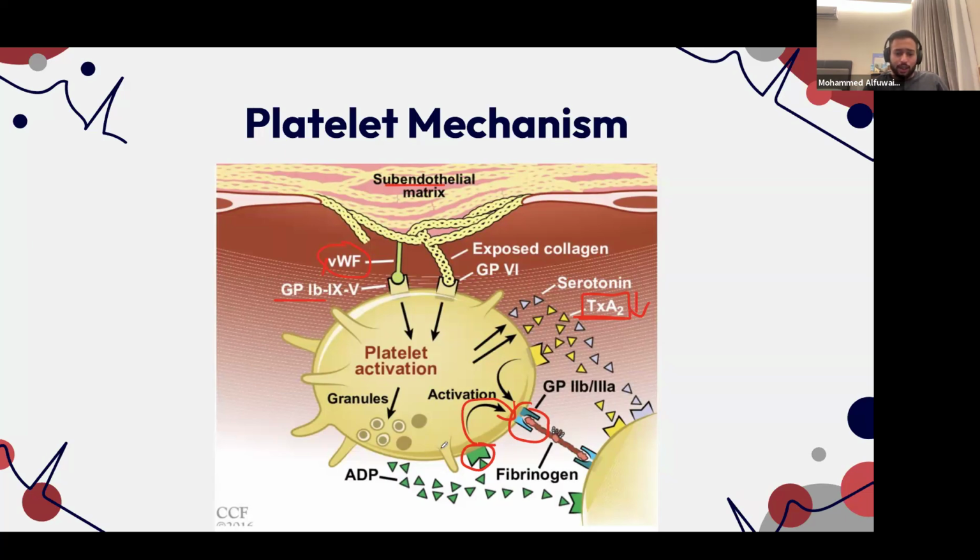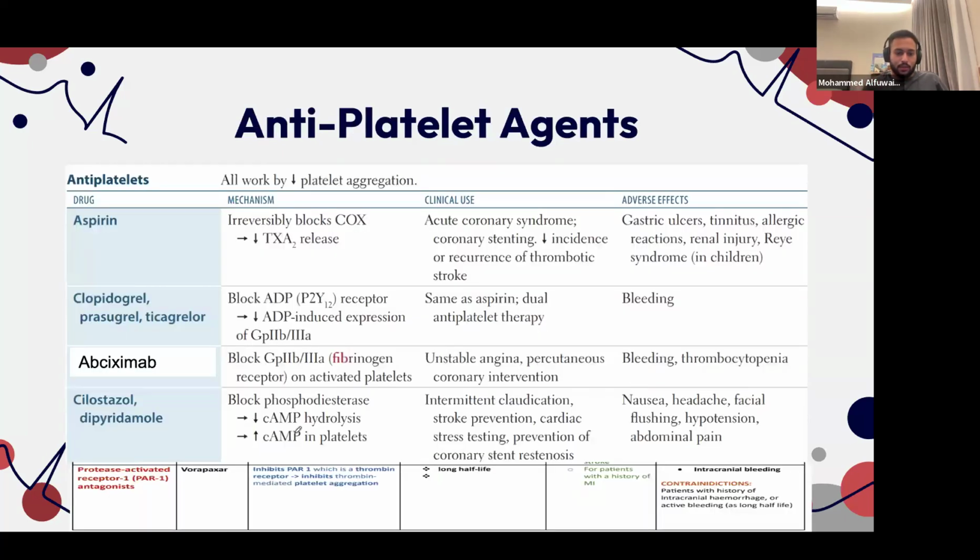Or you inhibit ADP receptors, which is with what? Another name for these receptors is purine 2Y12 receptors, such as clopidogrel. Or you inhibit GP2B3A receptors. Another thing is you inhibit phosphodiesterase, which will increase cyclic AMP, which will inhibit all of this. So these are the 4 ways you can inhibit platelets, which we'll talk about right here. And there are other weird drugs, but anyways.